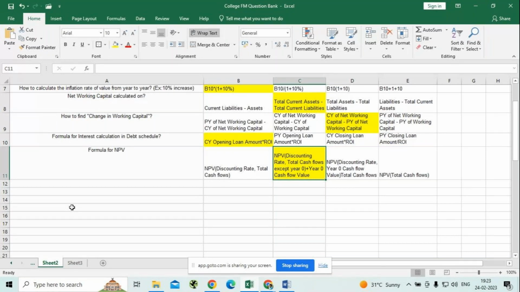When we calculate the NPV value, we consider the discount rate, comma, the cash flow values except year 0, the other years' values, close the bracket, plus whatever value you have for year 0. So that is the formula. Okay. Like this, the questions will have a split.